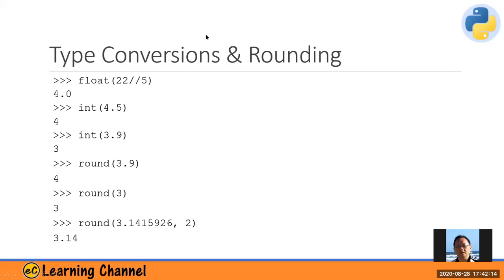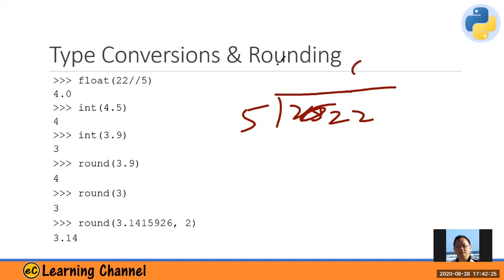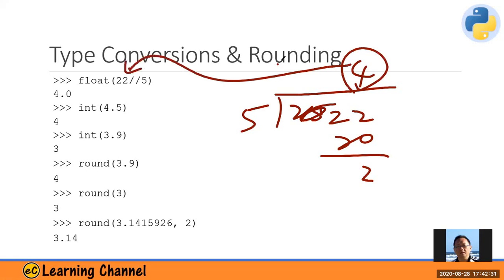So here floating point 22 divided by 5. This one will give you integer division. So integer division really means 22 divided by 5, you should get 4, 20 remainder 2, right? So this 4 will be the answer of this part. Converted to floating point, that actually changes it to 4.0.